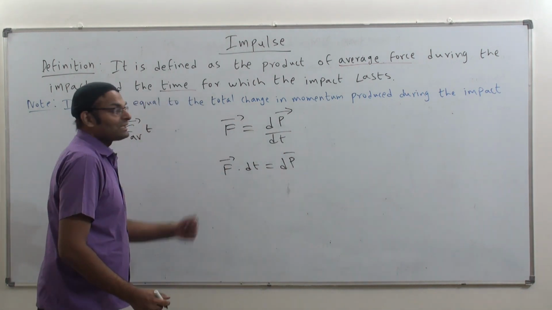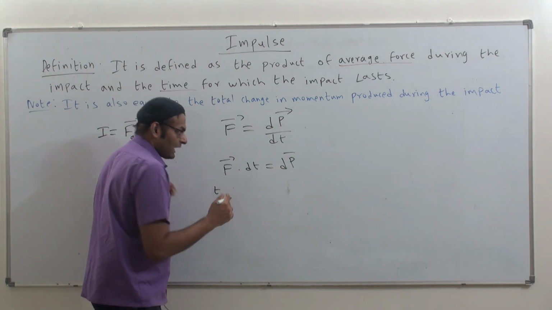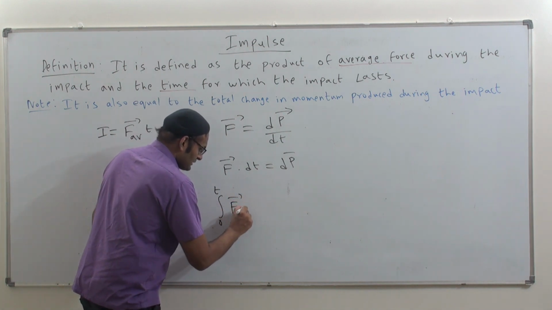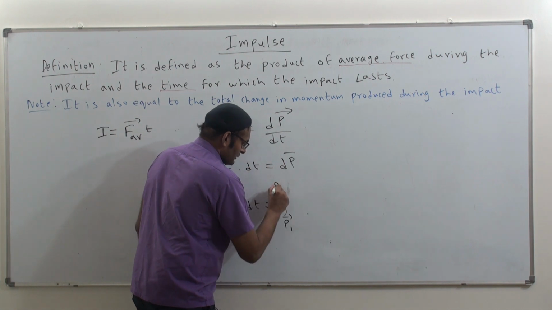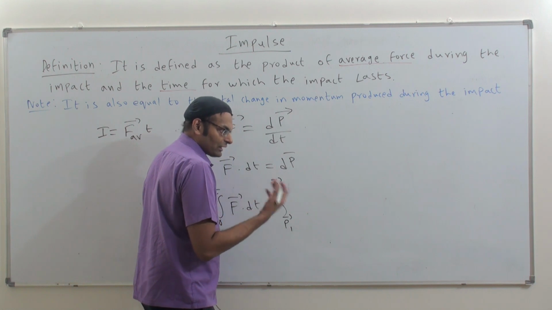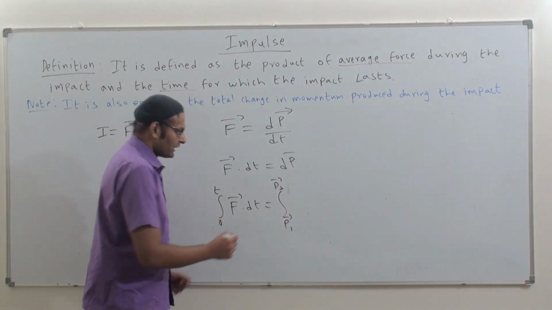Now let's integrate for the time of impact, as the momentum also varies. It can be written as the integral of dp bar from p1 bar to p2 bar. What is p1 bar? It is the initial momentum, and p2 bar is the final momentum due to the force that is applied from 0 to t.